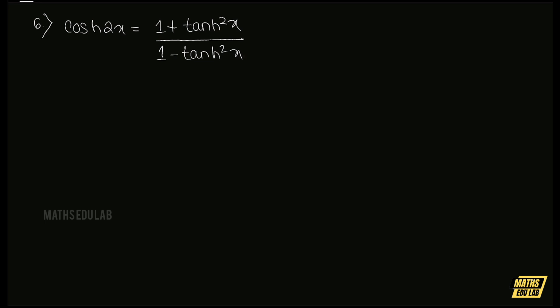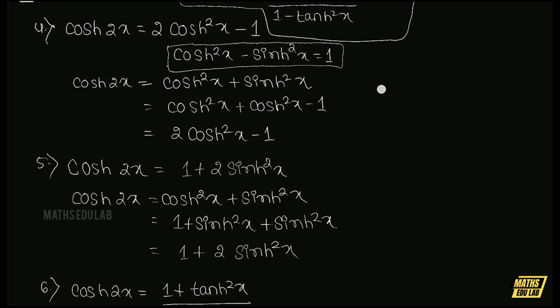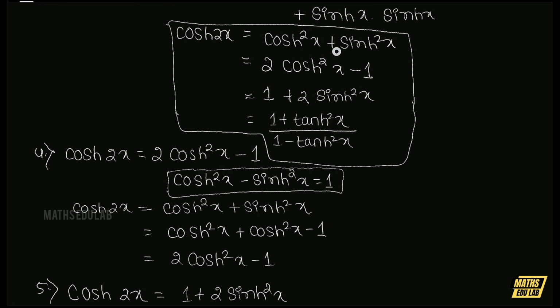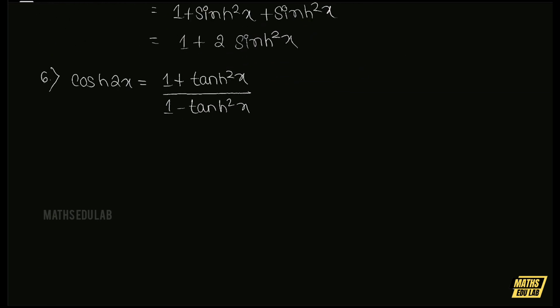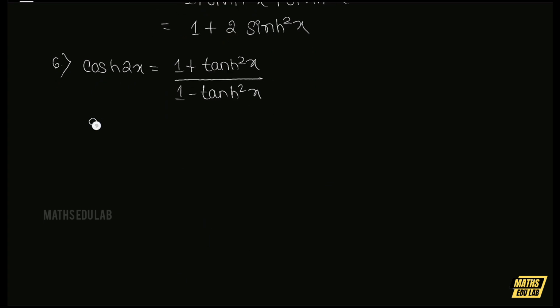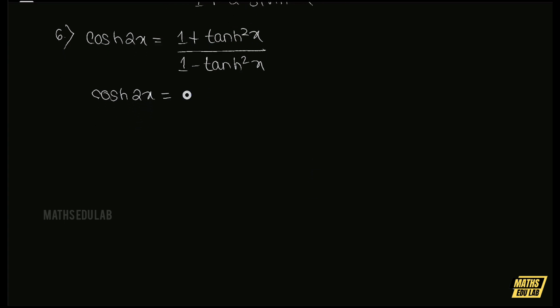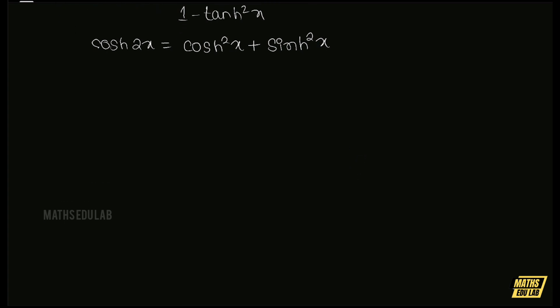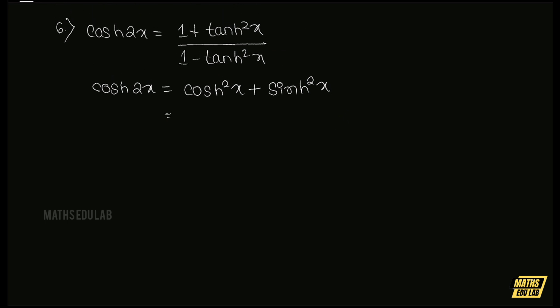Then by using the cos hyperbolic 2x formula which we got here as the first one, cos hyperbolic 2x is equal to cos hyperbolic square x plus sine hyperbolic square x. By using the first identity of cos hyperbolic 2x, we can convert this formula.